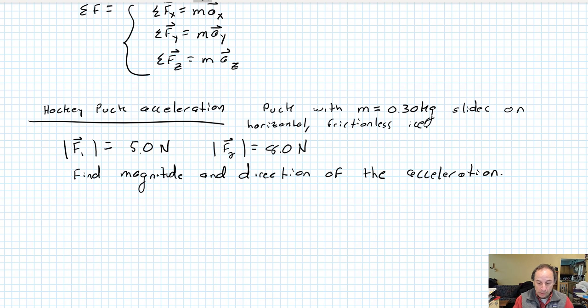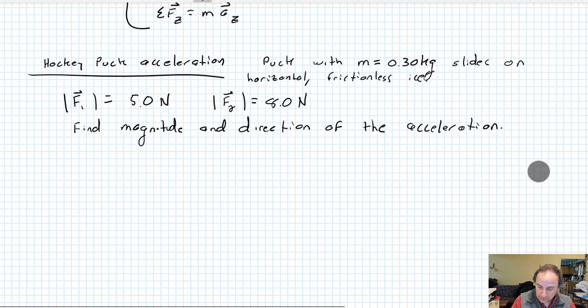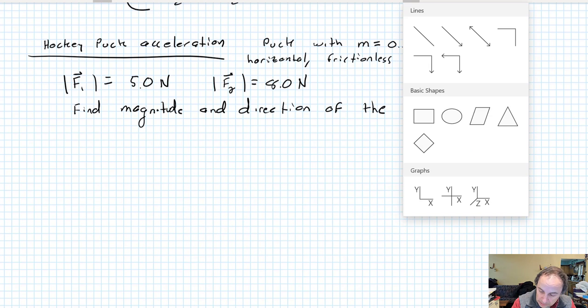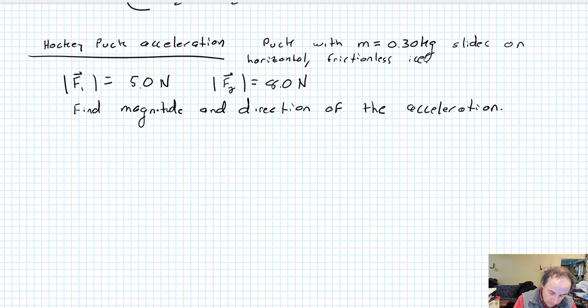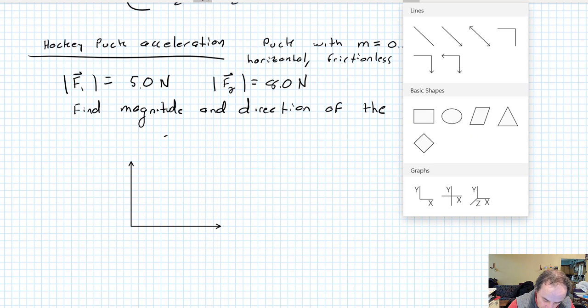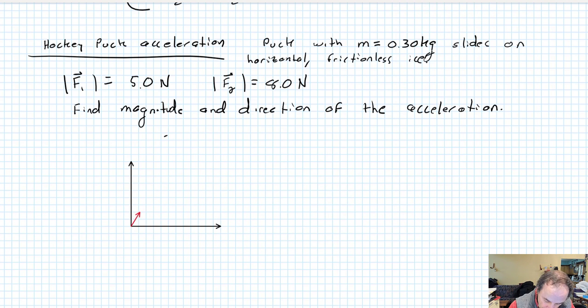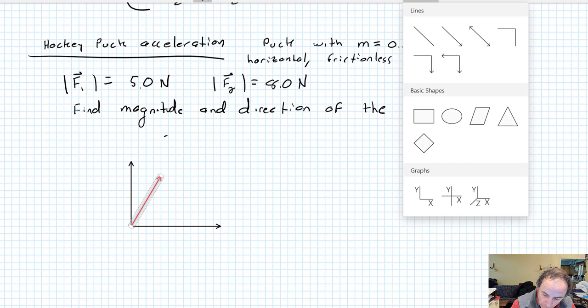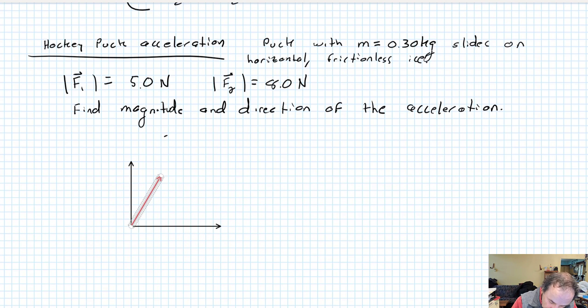All right, so let me show you what they're giving us. This is a 2D problem. Okay, so we have F2 comes up like this. And we have an F1 that goes down like this.